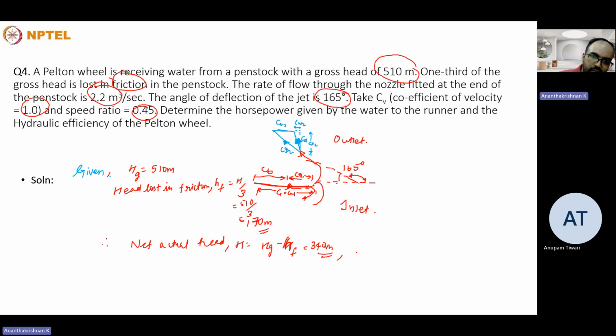Then given angle of deflection is equal to 165 degrees. So we need to actually determine the blade angle from this total angle of deflection. So this will be 180 minus. So you have to draw it a bit more clearly in a straight manner.